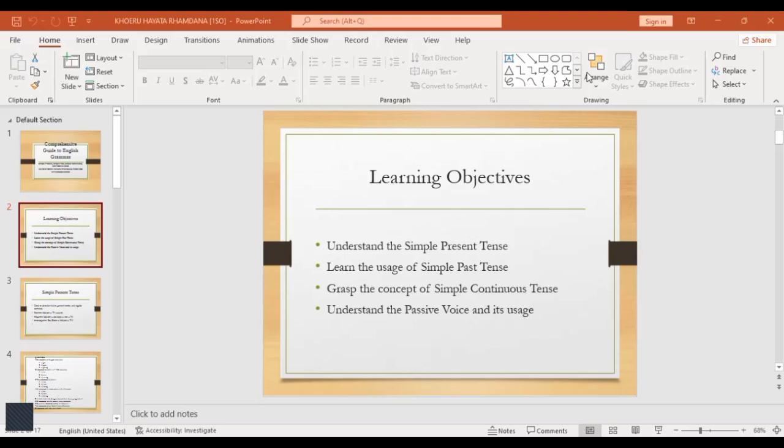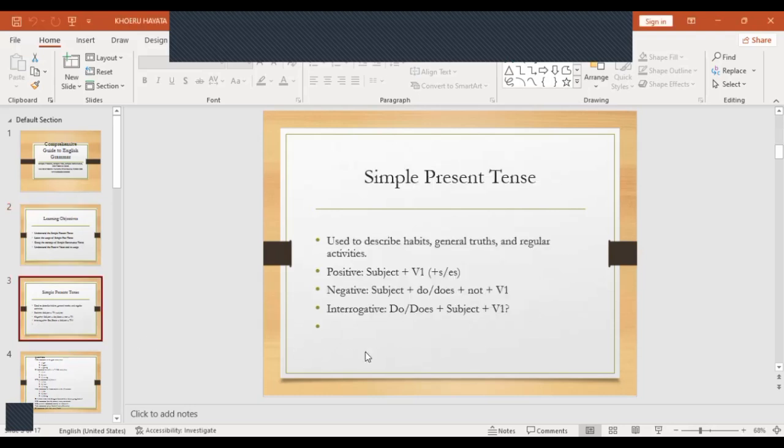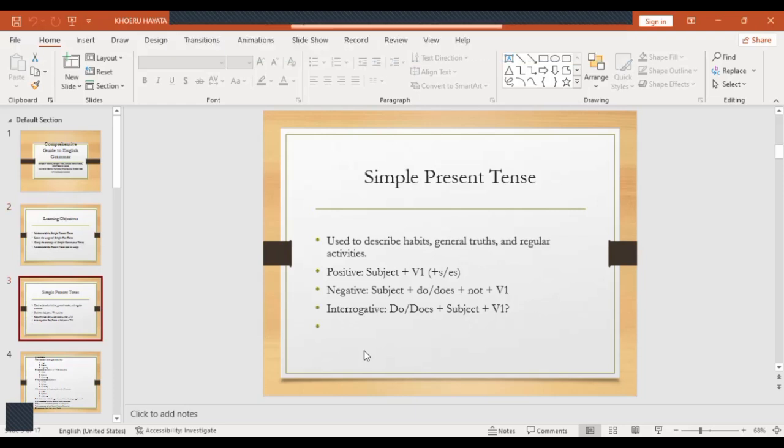In positive sentences, we use the base form of the verb. We use the subject plus verb one plus s or es.